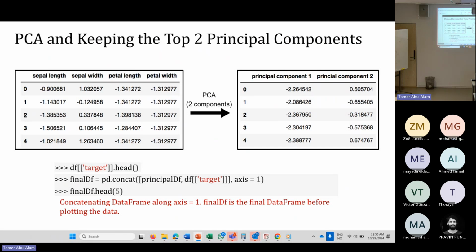Because you don't need to lose your ID, because if you lost your ID, there is no point to analyze. You have numbers, but you don't know which number is related to which sample. So you need to add the sample after that.